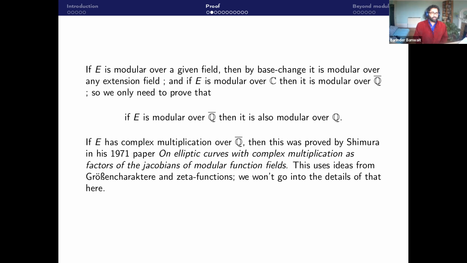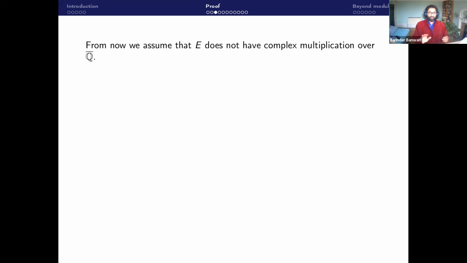So this uses more the ideas of Hecke Grössencharacters and zeta functions. I felt that I did not have time to go into the details of that as well. So the CM case I'm not treating here. From now on, we're going to assume that E does not have complex multiplication over Q-bar.